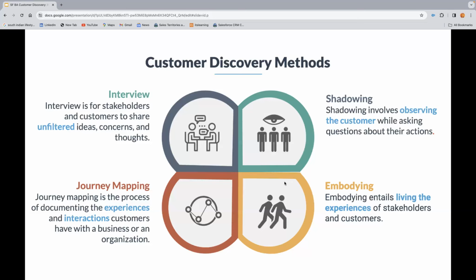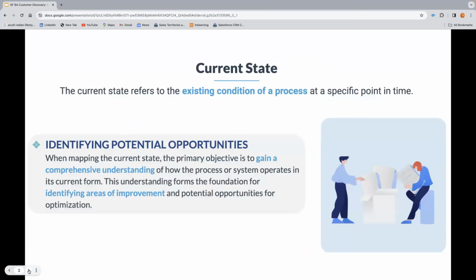Journey mapping is the process of documenting the experience and interactions customers have with the business or an organization. Shadowing involves observing the customers while asking questions about their actions, and embedding entails living the experience of stakeholders and customers.